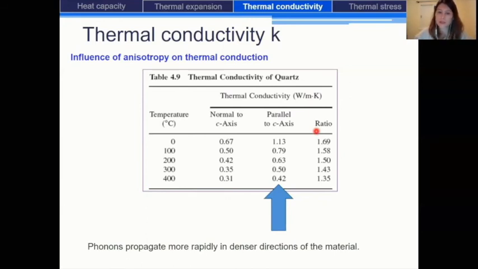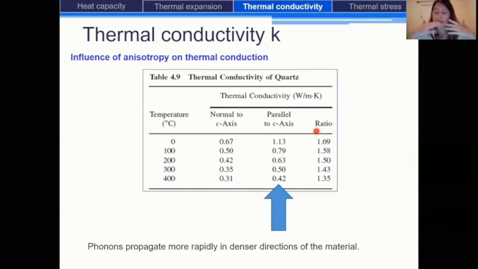So first of all, you can see that the value for thermal conductivity in the direction parallel to the C-axis is higher than in the normal direction, and this is due to the fact that this direction is the densest, which has a higher atomic density, and the phonons will propagate more rapidly in the directions that are more dense in this material.